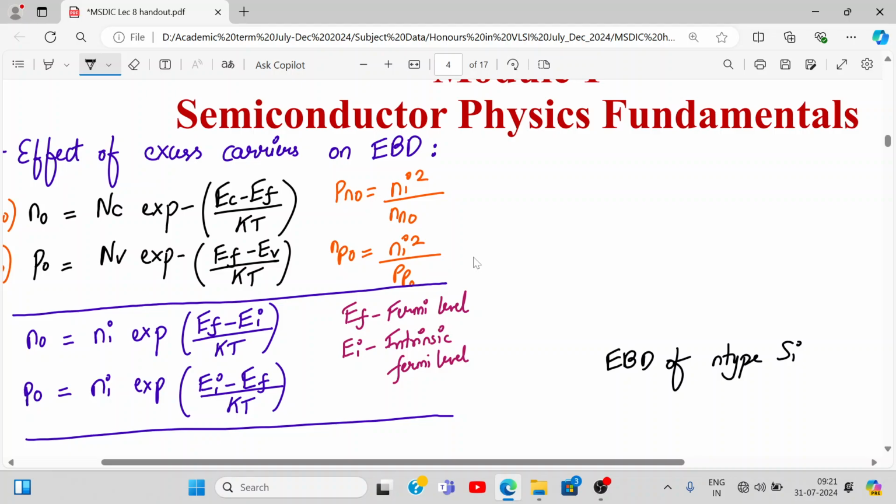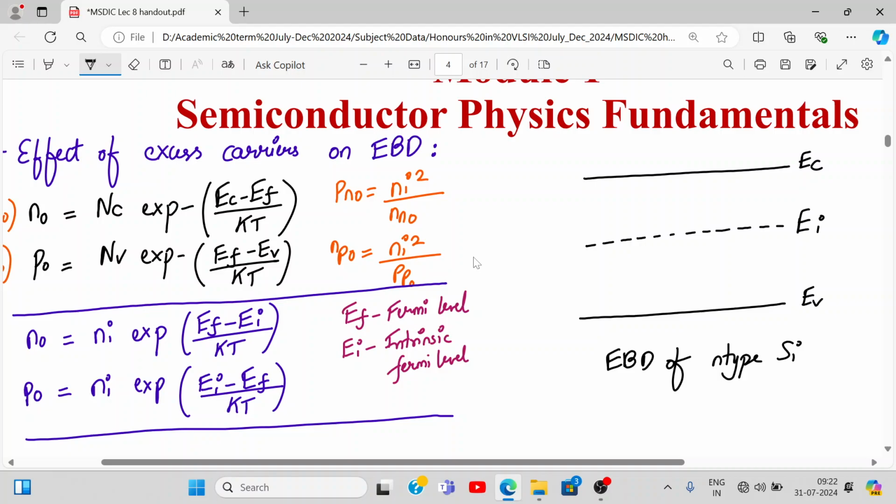So let's recap the energy band diagram for N-type semiconductor. So we have the conduction band, energy band, valence band. What will come at the center? Intrinsic Fermi level, so that is EI. Where will the donor level be?